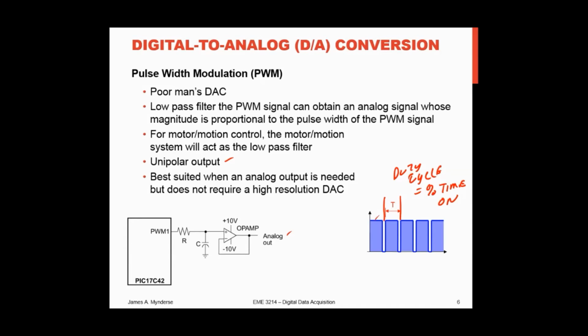You can't get negative voltage. It's best suited if you need an analog voltage, but you don't need a high-resolution digital to analog converter. And pulse width modulation in general is most commonly used with controlling motors and that sort of thing, where you want to control a lot of power without the inefficiencies associated with analog amplifiers.